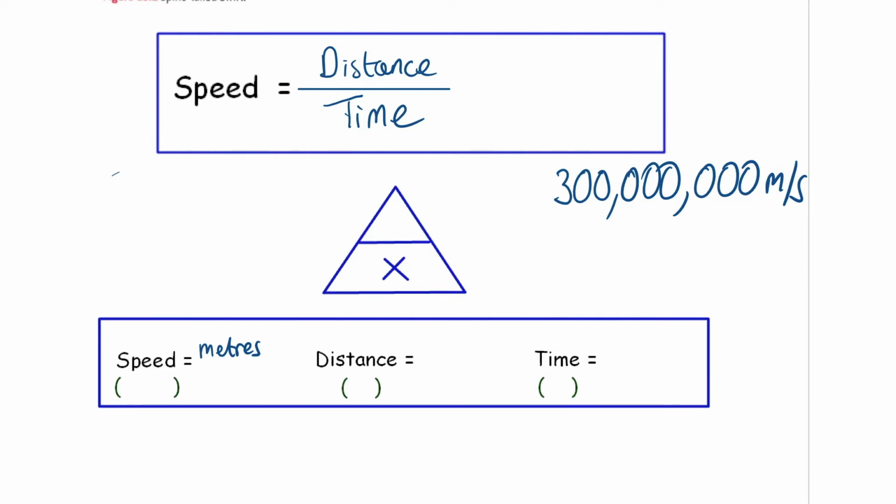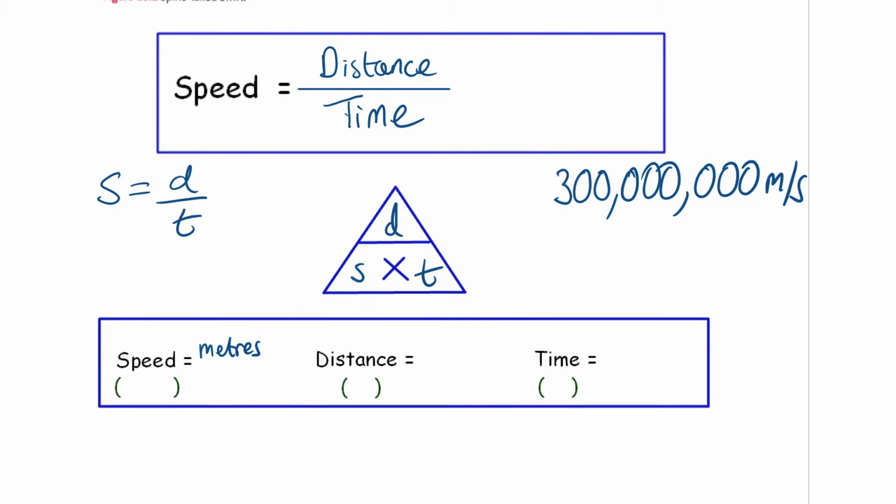We need to rearrange equations sometimes, so this is always a useful tool to use. What it allows you to do is select the quantity you're trying to calculate. In this example, we're calculating speed: speed is distance over time.